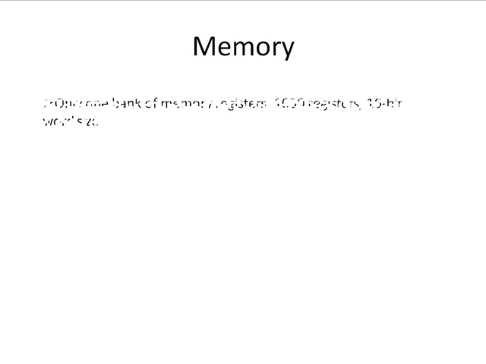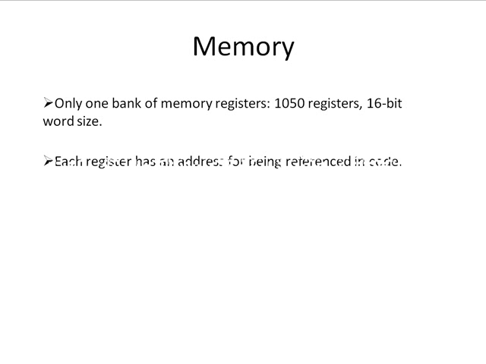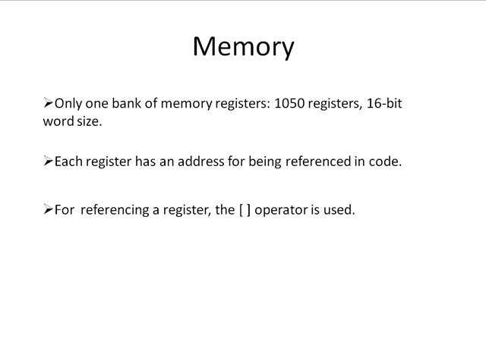Working with memory is very easy with SASM. There is only one memory bank in the processor, containing 1015 16-bit registers. Each one of those registers has a unique address for being referenced when coding. Such reference can be easily made by using the square brackets operator.